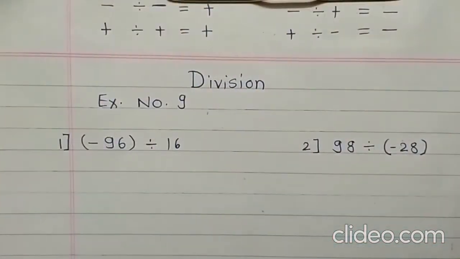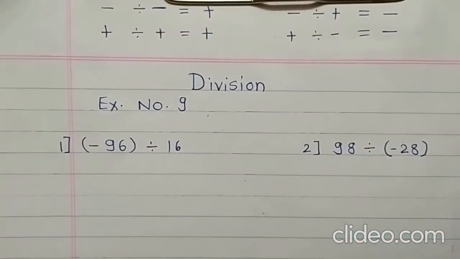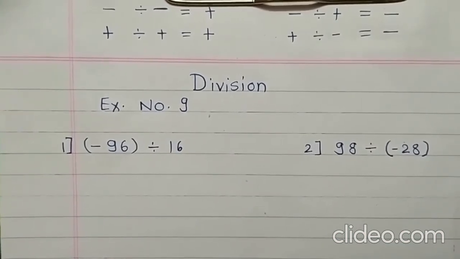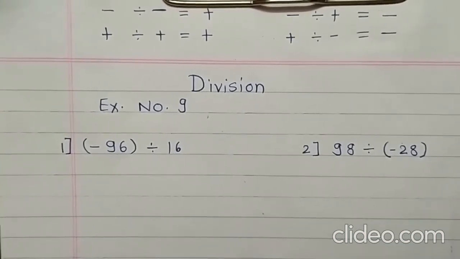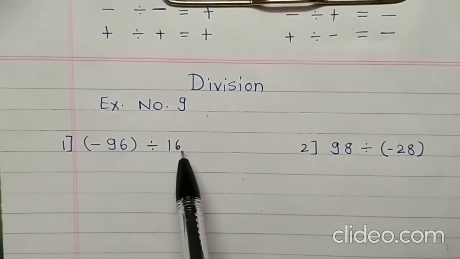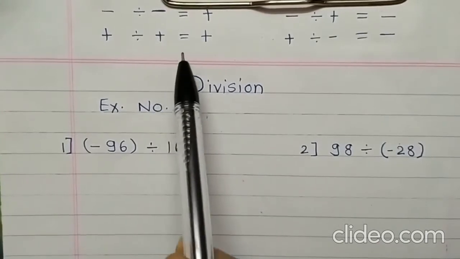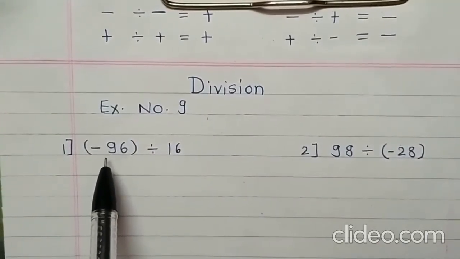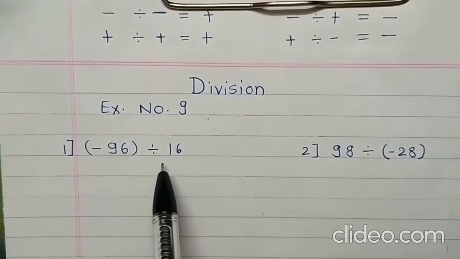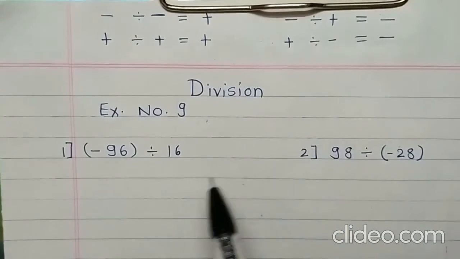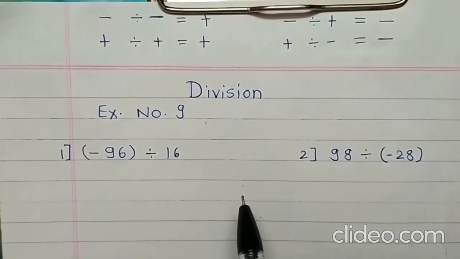Next exercise is for division of integers. Exercise number 9. The first example is minus 96 divided by 16. Now let's recall our rules. Here one integer is negative and one is positive, so the result will be negative only.